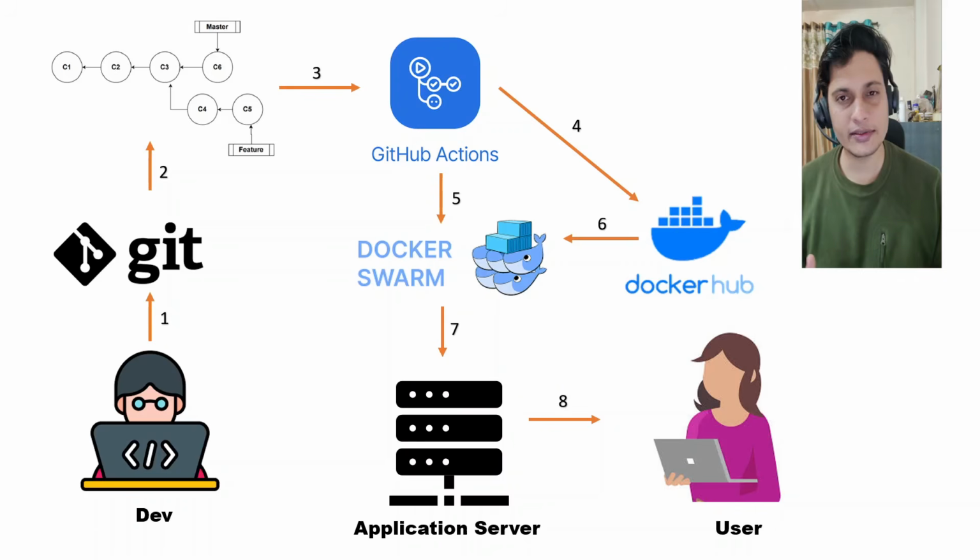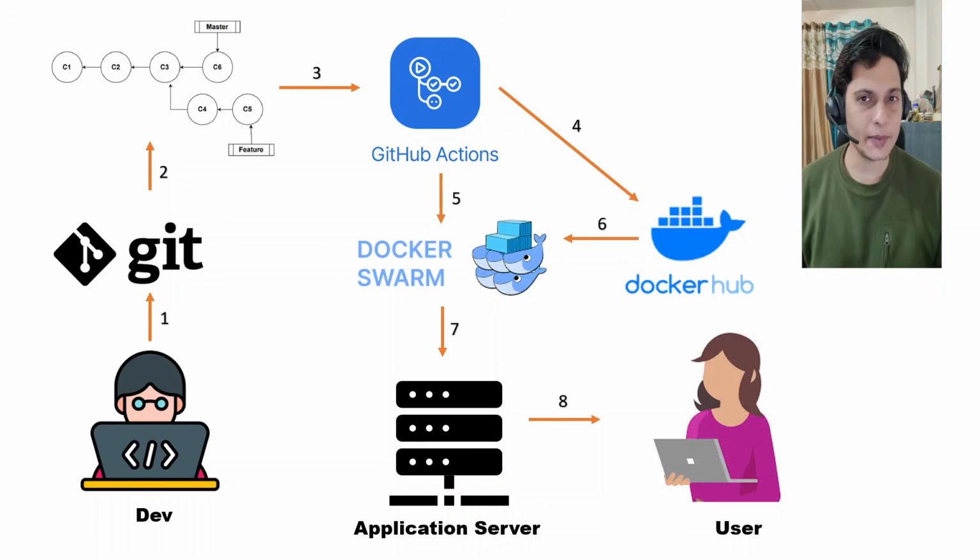Like all the things which we did manually, this GitHub Action also needs a machine to perform all these steps, like creating the image, pushing the image to the Docker Hub, then using the Docker Swarm to pull the image and deploy the application. So all these things will be done on and by a machine, but the instructions will be taken from the GitHub Actions.